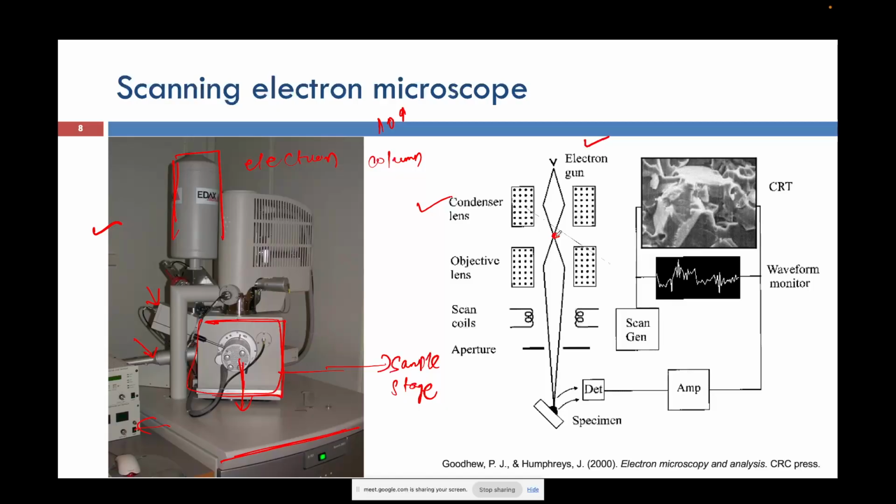So the job of the condenser lens is not to focus the electron beam onto the specimen. The job of the condenser lens is to make the diameter of our electron beam very fine. So this is the point where we want the diameter of our electron beam to be fine, right?